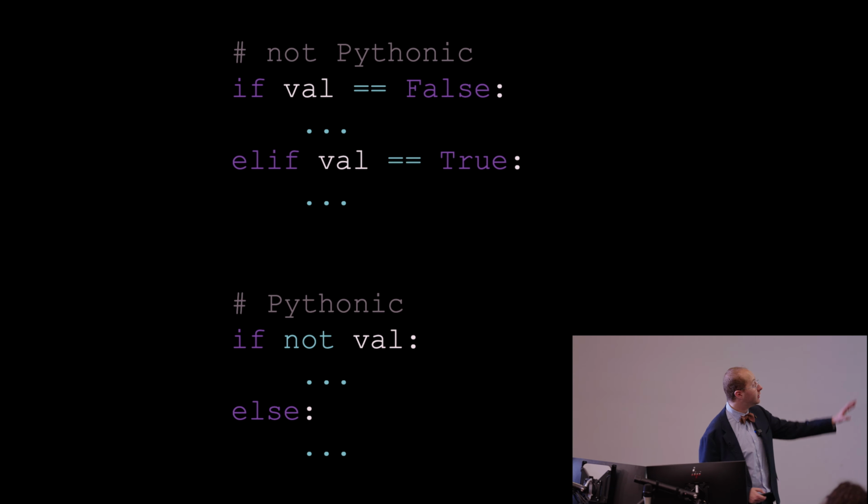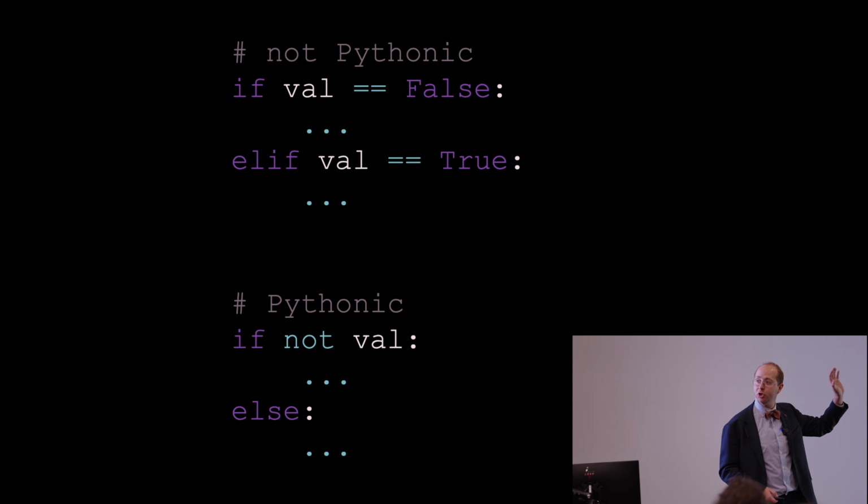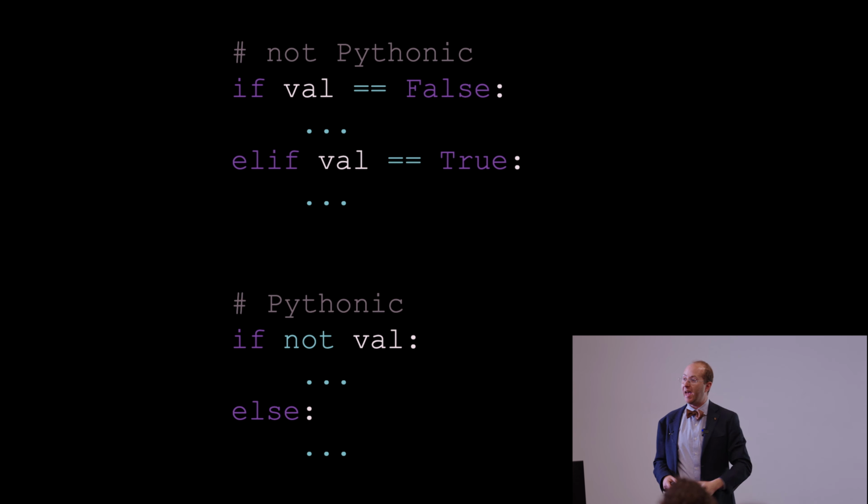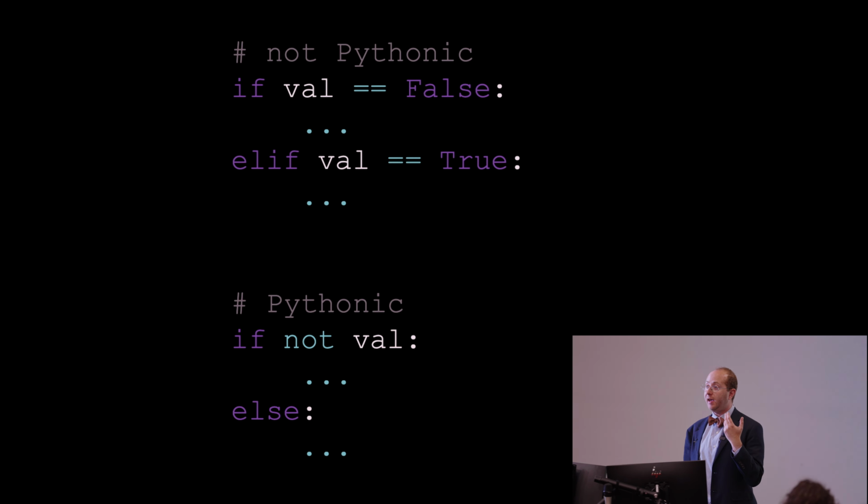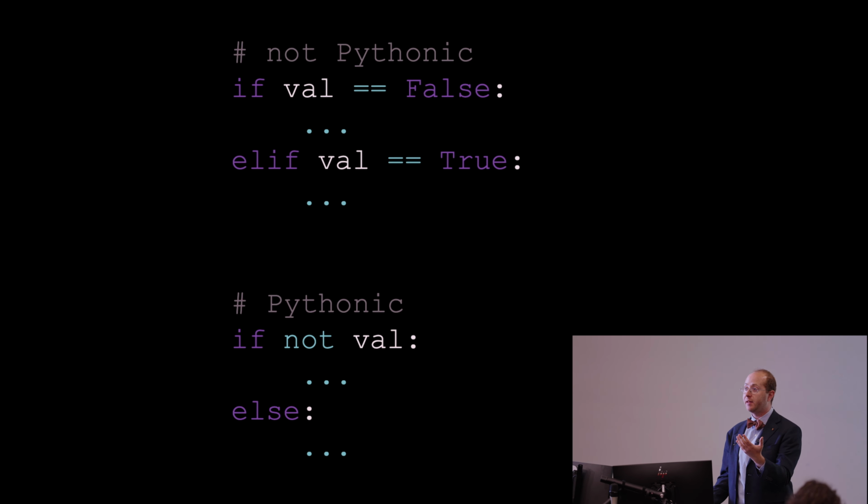So Python actually allows us to very easily check if something is true or false without explicitly saying so. If we do if followed by the variable, it will automatically follow the true branch of the if statement if that variable does indeed evaluate to true.